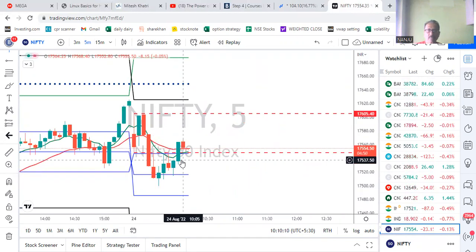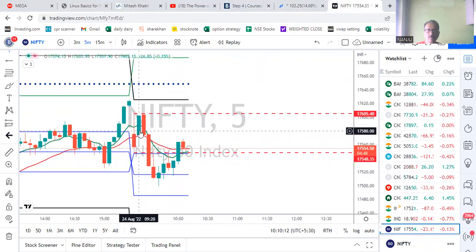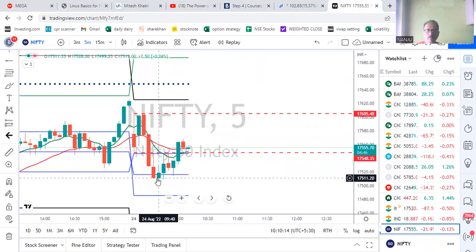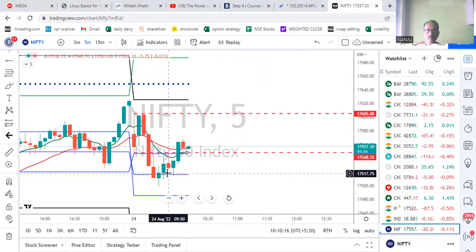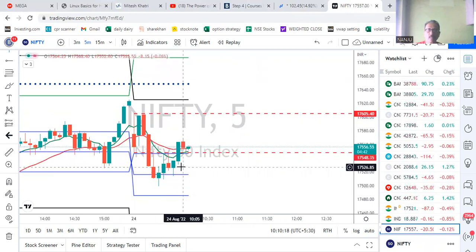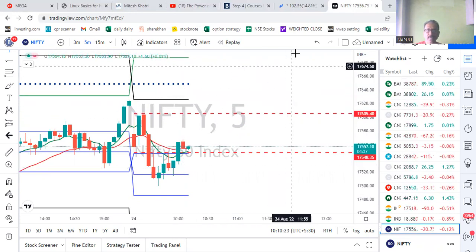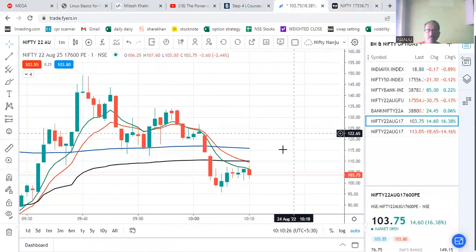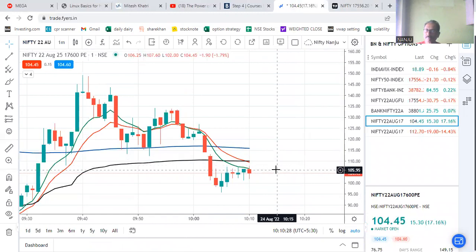The 11th candle is a perfect candle, but when I come here, it is trading below VWAP. So I will not initiate any trade. No trade, no trade, no trade. Please be very careful. No trade.